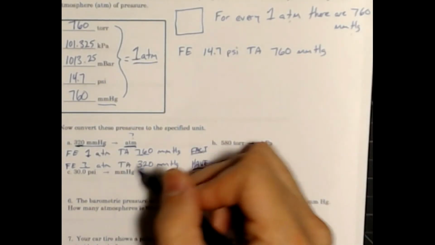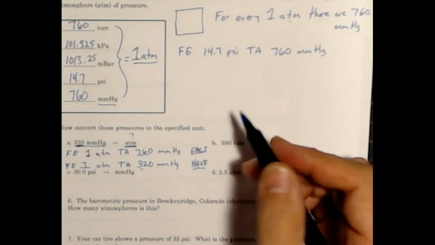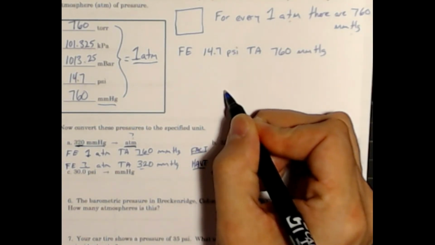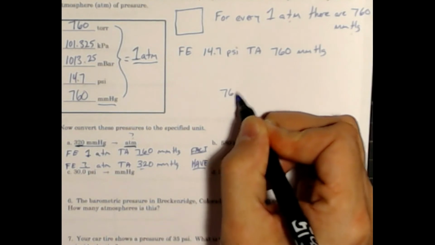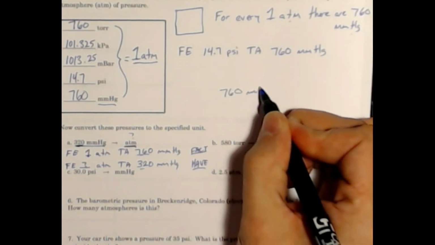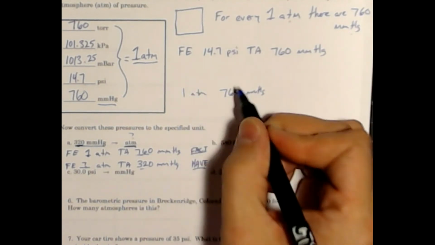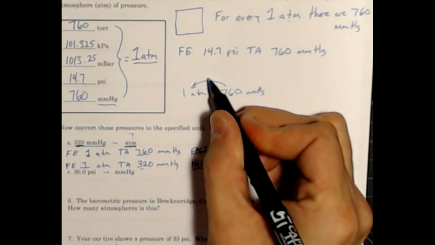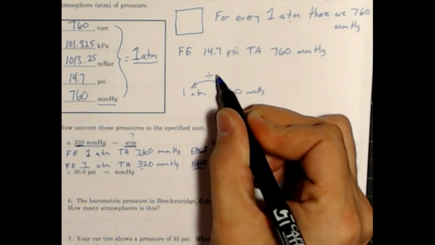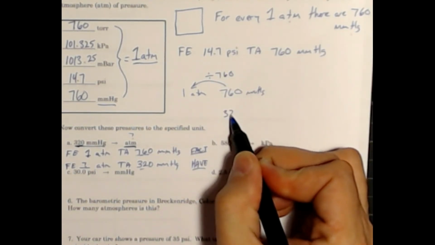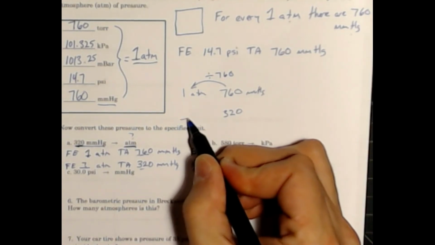And I should have given you more space. I copied this packet from another teacher. So let me write this up here. 760, and we've got 1 atmosphere. If we go from here to here and we divide, what about when we go 320 to question mark?